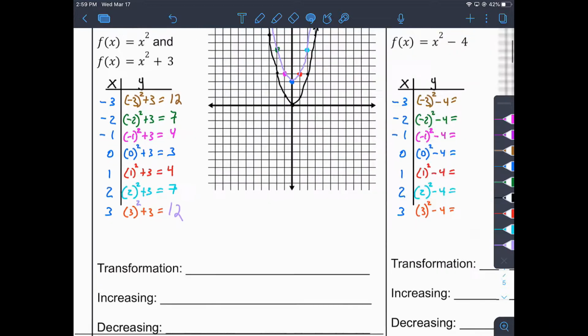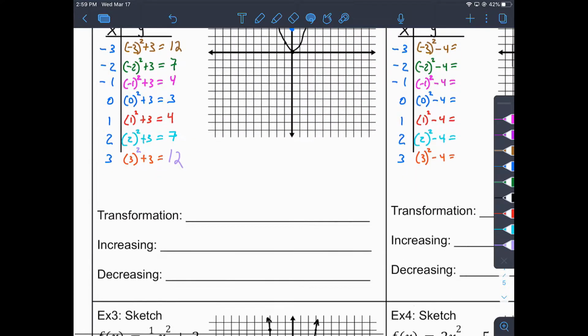So let's describe that. The transformation was a shift, or you know what? The better word, let's use the word translate. Translate up 3 units.